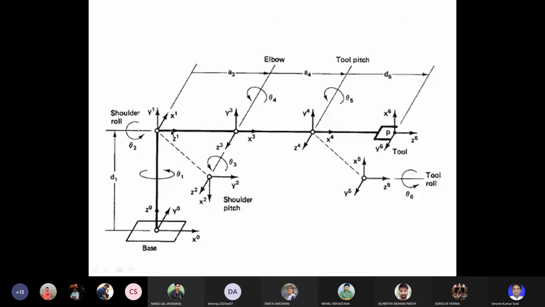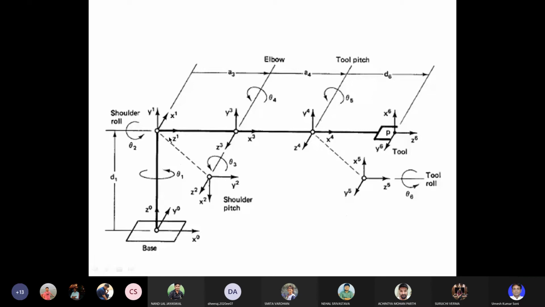Here the direction of Z is something different than the direction of this. And here also the Z2 axis has rotated 90 degree from Z1. So there is a change in the angle.